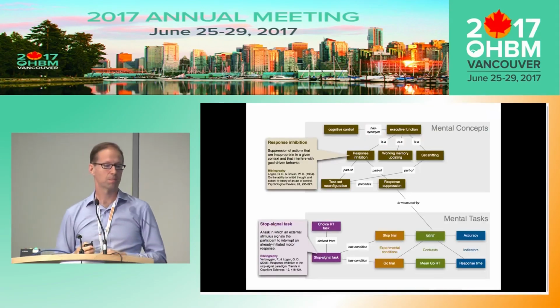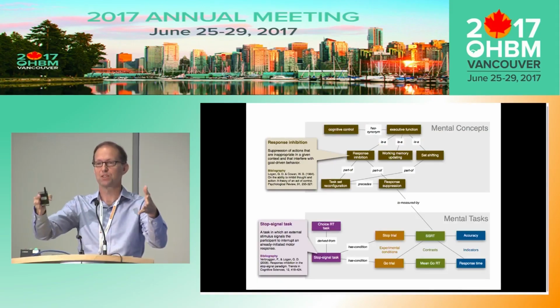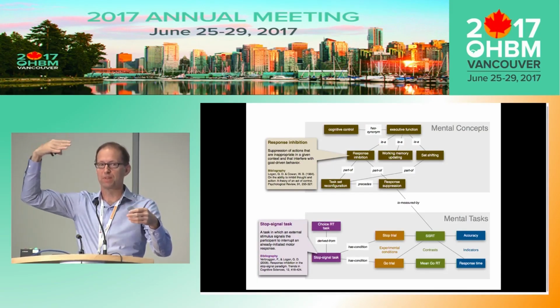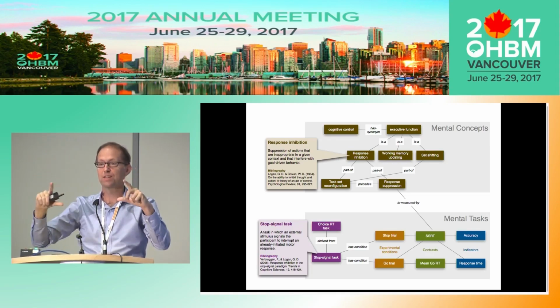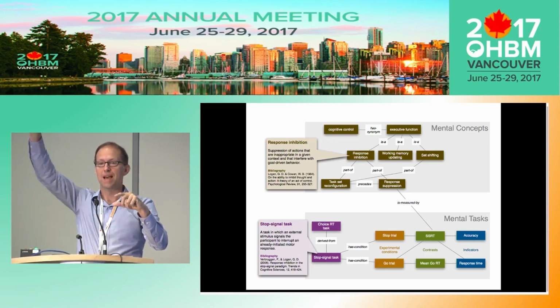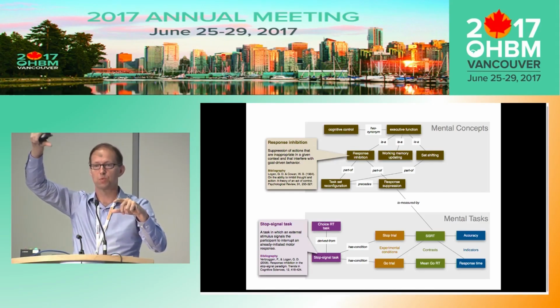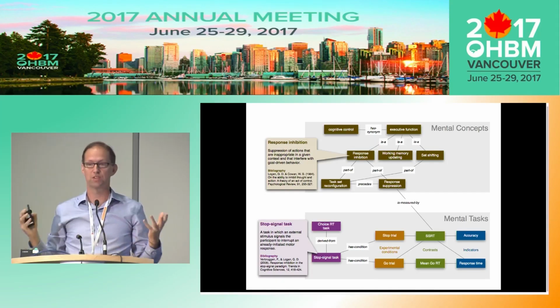The only thing we can do is make people do psychological tasks, right? And then we have to infer what's going on up in their head. So in the project, we strictly distinguish between tasks, which are the things we have them do, and what we call mental concepts or psychological processes, which are the things we think are up in the head that those tasks are measuring. But that's just a theory.